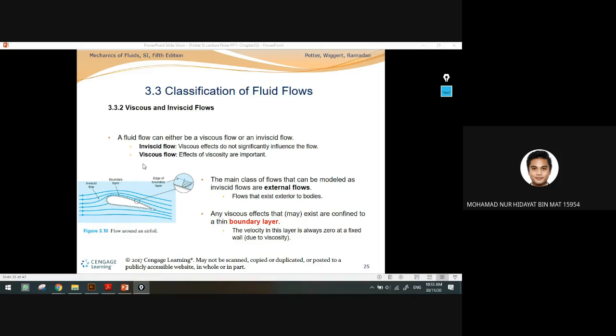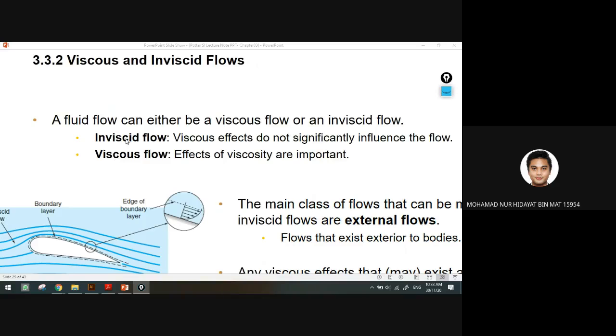So, here, the fluid flow can be either viscous or inviscid flow. In inviscid flow, viscous effects are not significant. There are some, but they do not significantly influence the flow. Viscous, on the other hand, the effects of viscosity are important, right?